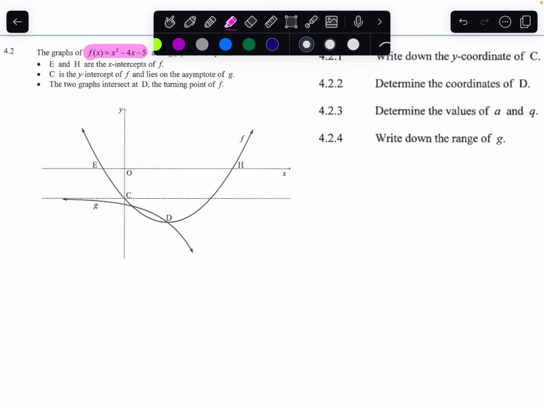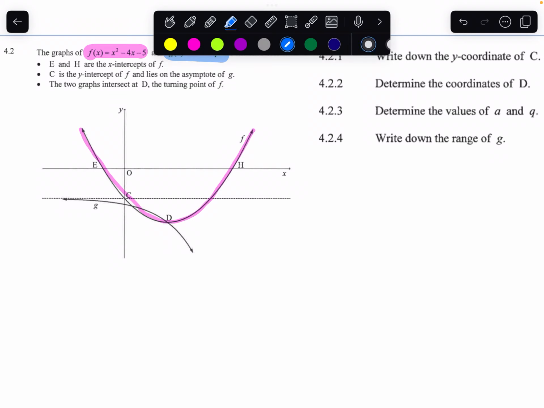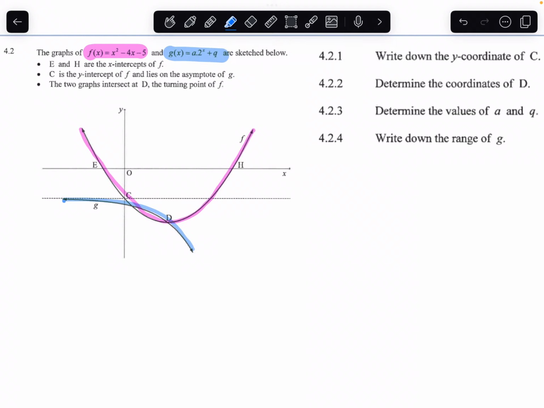So we have the parabola, and we have the exponential. Okay, cool. So E and H are the x-intercepts of f.